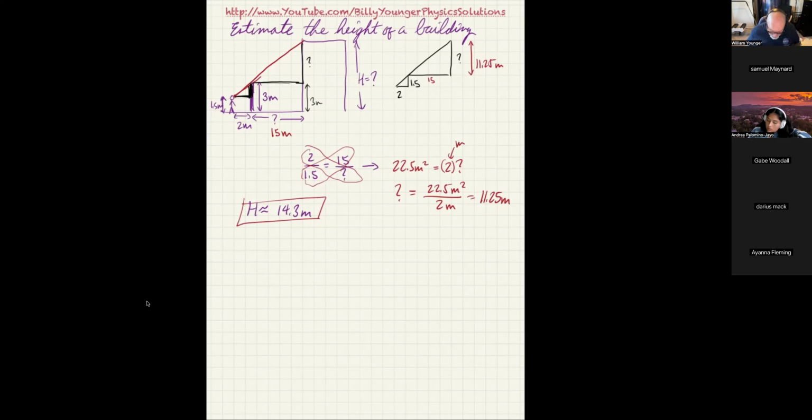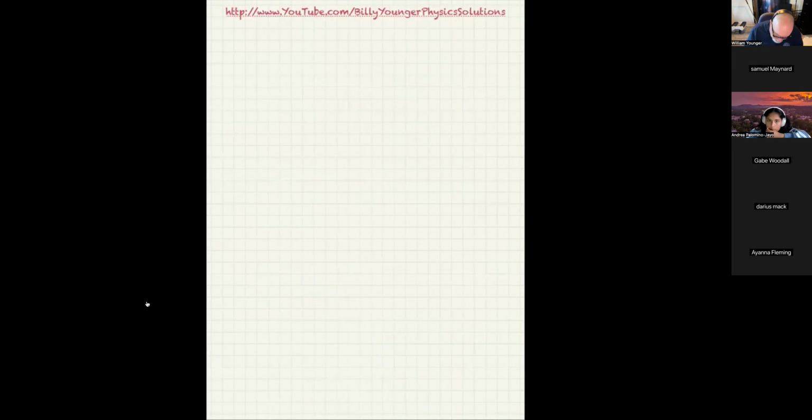All right. So now that we have that, you've seen a couple different ways of making estimates. Another one your book does, this is kind of neat. I think I'll do this one.